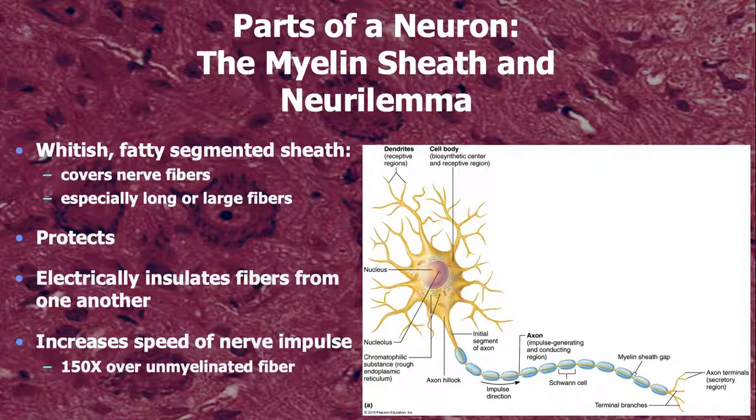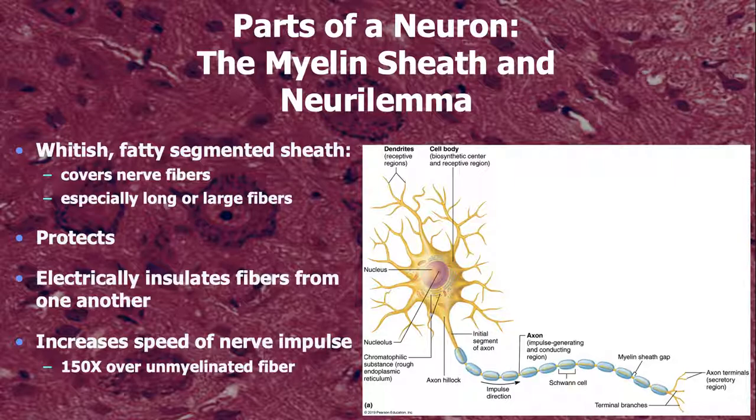Okay, so it wraps this fatty only is getting information from its cell body, and it increases the speed of that nerve impulse. So we go about 150 times faster in a myelinated nerve.